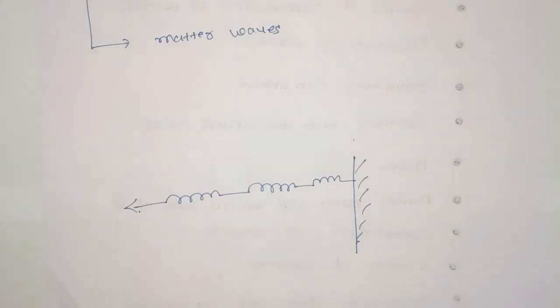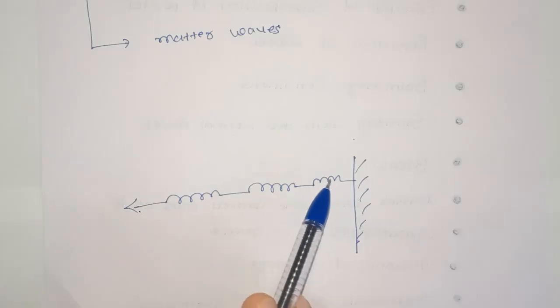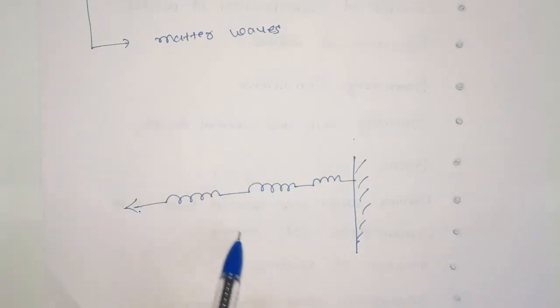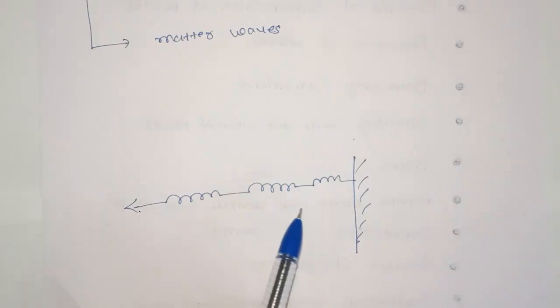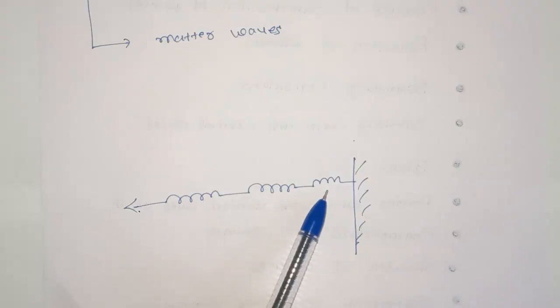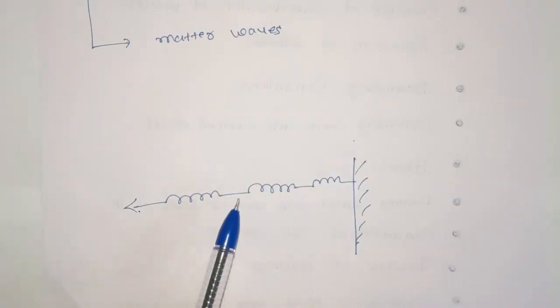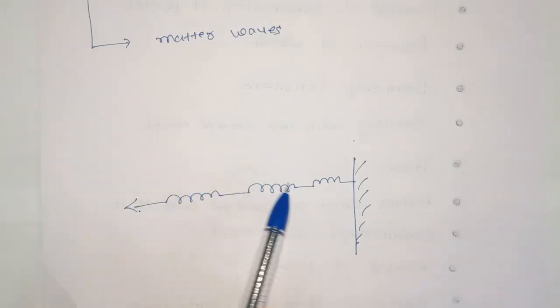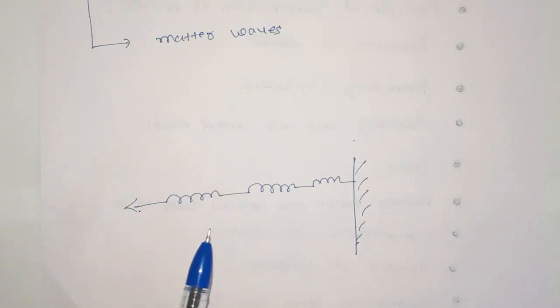If one end of the spring is pulled suddenly and released, the disturbance travels to its other end. Now, the second spring is also stretched or compressed since it is connected to the first spring. Similarly, the third spring is compressed and so on. Thus, the disturbance moves from one end to other end, but each spring only executes simple harmonic motion about its mean position. So actually, the spring is not traveling, just the energy is traveling through the springs.